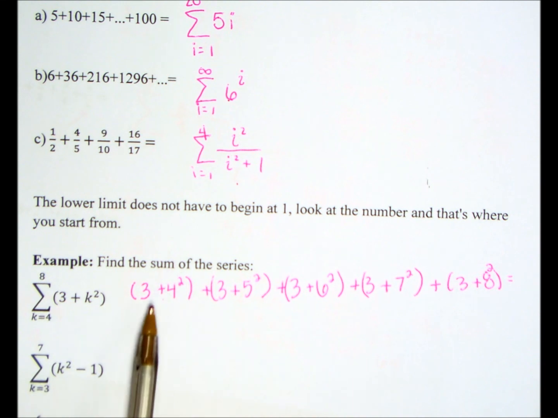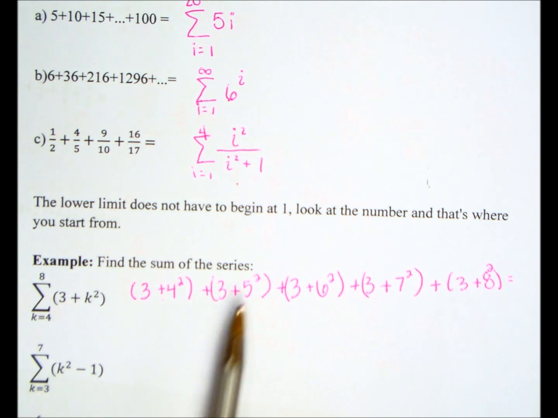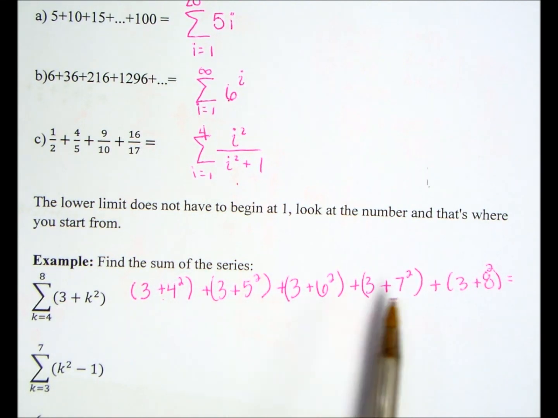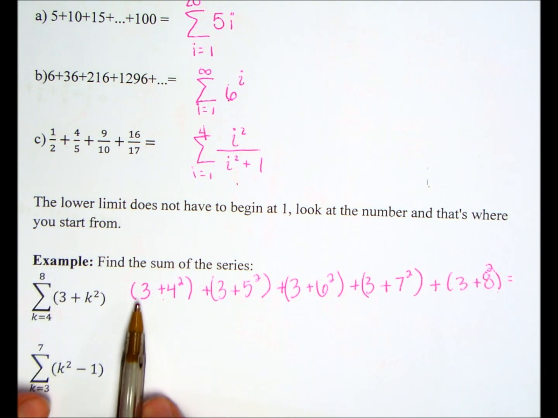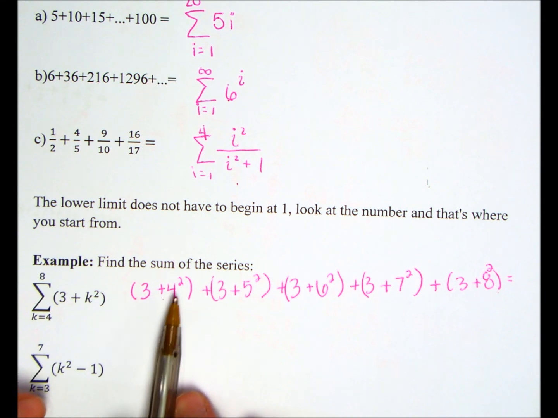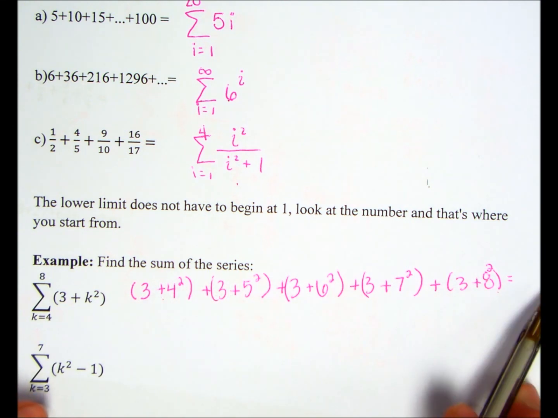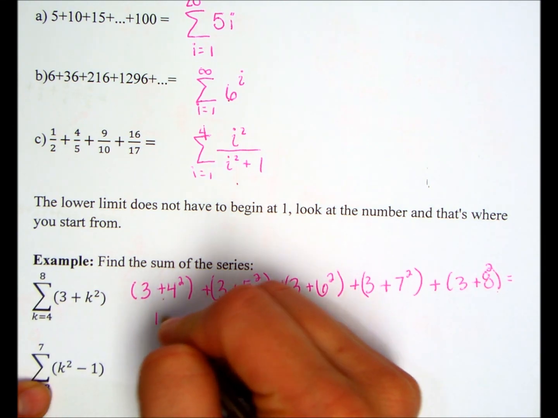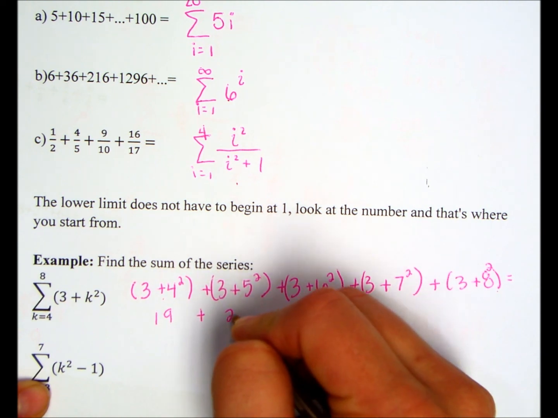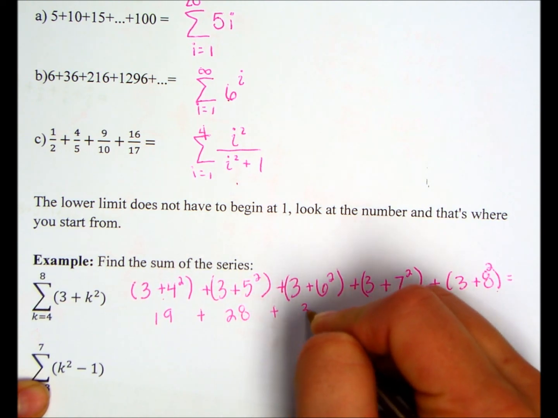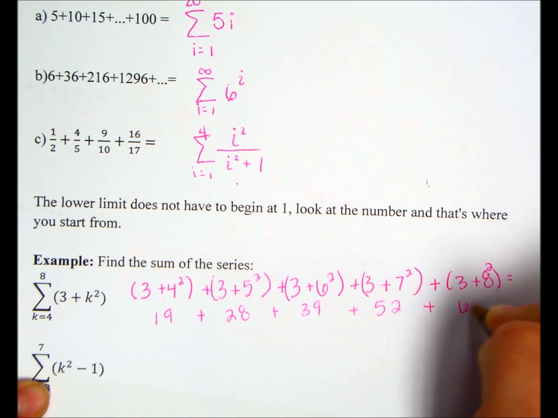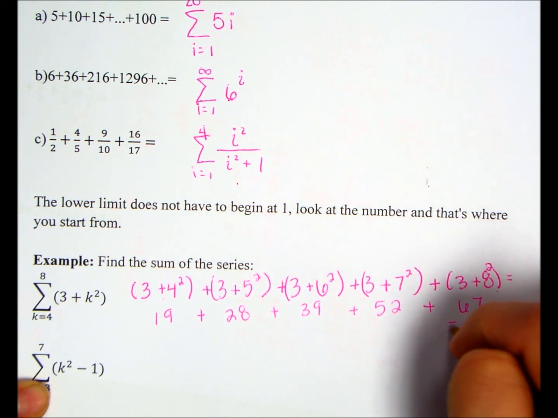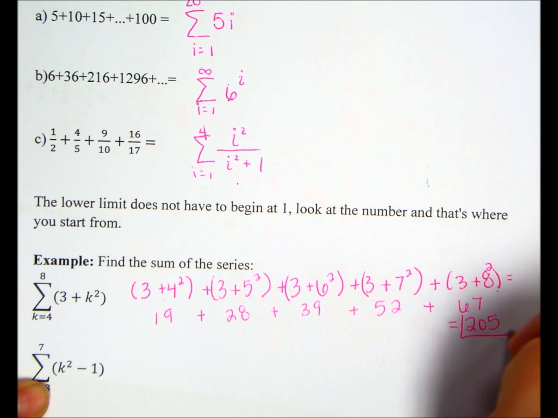Okay, so 4th term, 5th term, 6th term, 7th, all the way up to the 8th term. And then from here, this is easy plug and chug. All I need to do now is find these values. So this is 19 plus 28 plus 39 plus 52 plus 67 to give me a grand total of 205.